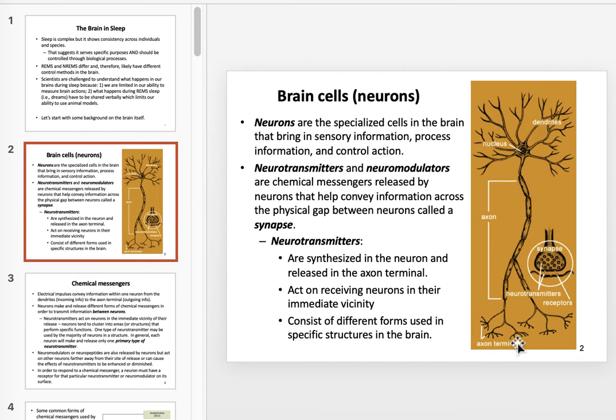They're going to be released from the axon terminal. They're going to influence neurons, and for neurotransmitters, those neurons have to be in the immediate vicinity or very close in physical proximity to our releasing neuron. For neuromodulators, these are chemicals that can travel further and diffuse broader or wider through the area.